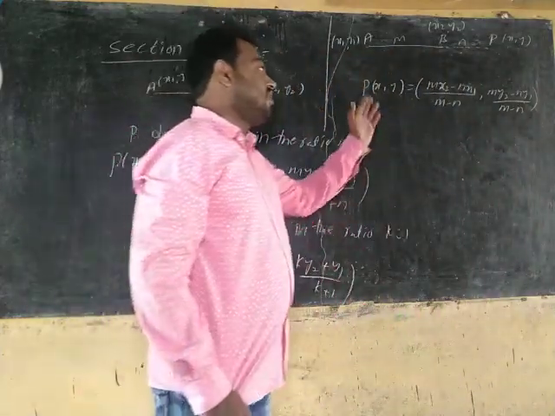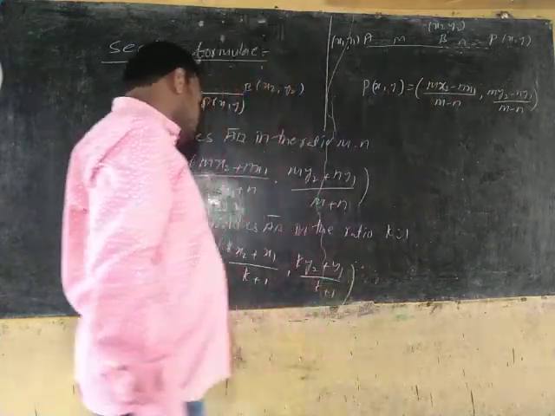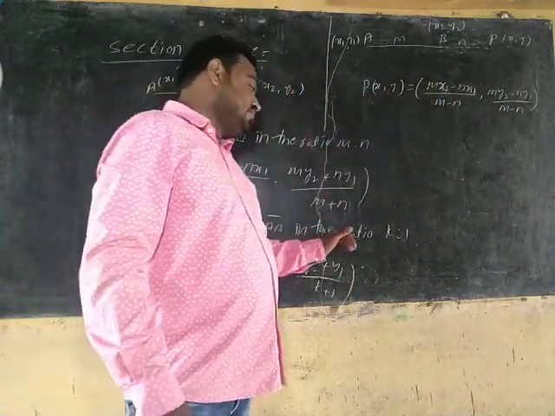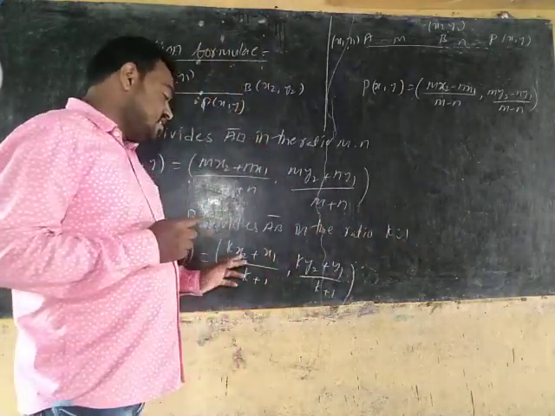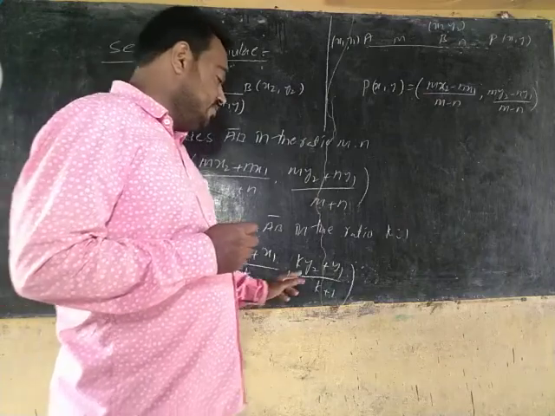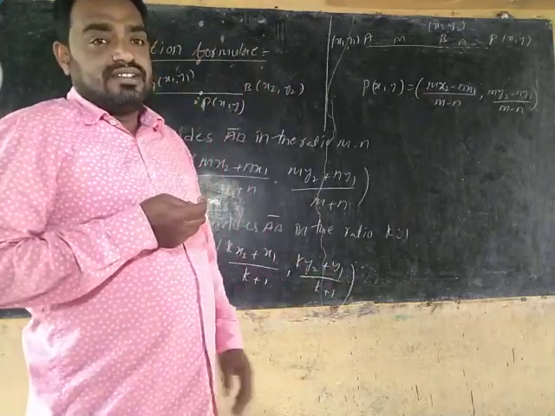This is the formula for the externally dividing point. In the same way, if P divides AB in the ratio k is to 1 externally, we get (k x2 minus x1) by (k minus 1), (k y2 minus y1) by (k minus 1). Similarly, we can write this formula also.